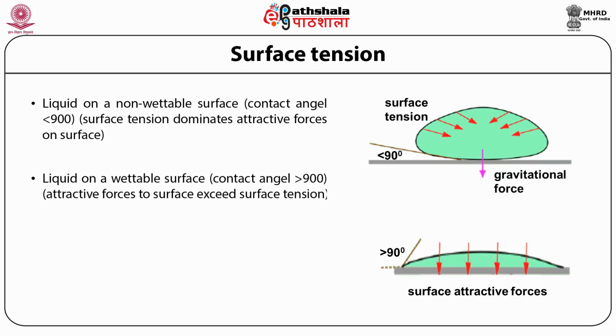In that case, the attractive forces to the surface exceed the surface tension and you don't have a drop like water on the surface. The contact angle here is basically the angle between the surface and the surface of the water drop or any liquid.